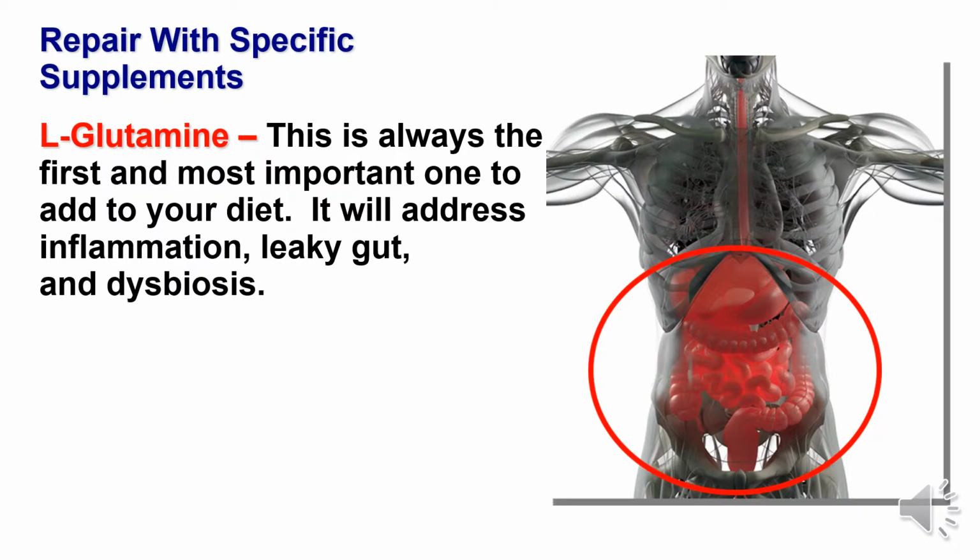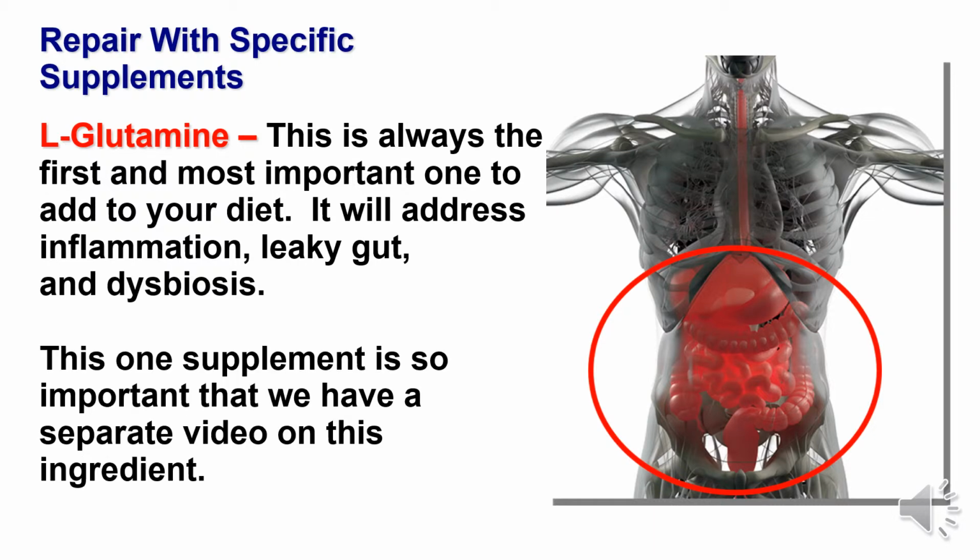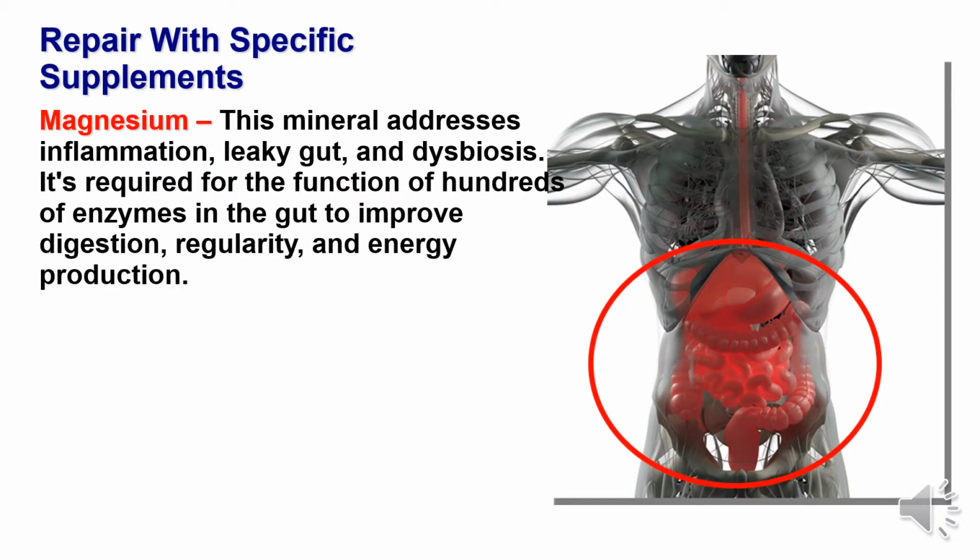L-glutamine. This is always the first and most important one to add to your diet. It will address inflammation, leaky gut, and dysbiosis. This one supplement is so important that we have a separate video on this ingredient alone. Add magnesium. This mineral addresses inflammation, leaky gut, and dysbiosis.